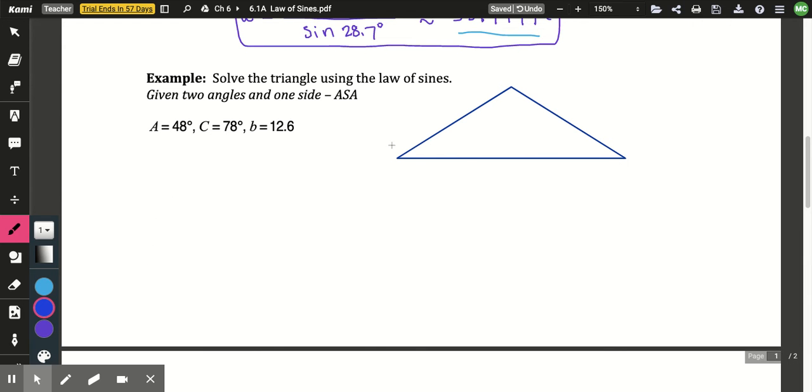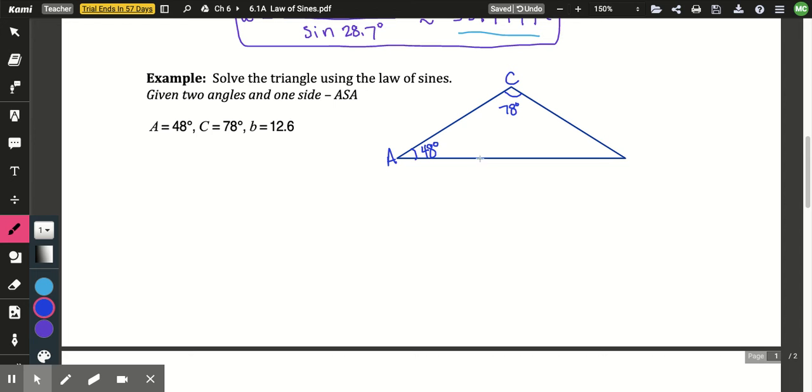So angle A is 48 degrees, so I'm going to say this one over here is angle A, so that's 48 degrees. And angle C is 78 degrees. I'm going to say this one is angle C, even though that looks kind of obtuse. And then they tell me side B is 12.6.